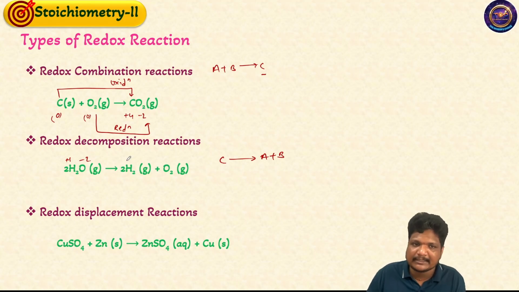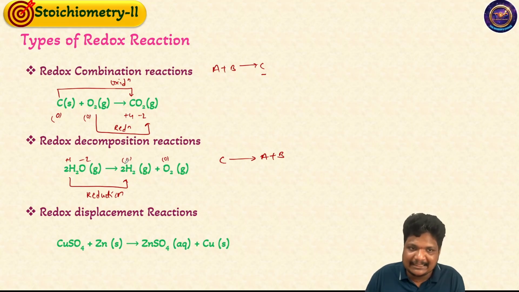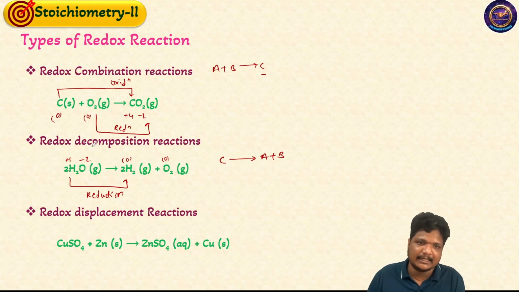In the product side, this hydrogen having 0 oxidation state, oxygen is having a 0 oxidation state. So +1 to 0, so there is a decrease in oxidation number, so it is reduction.